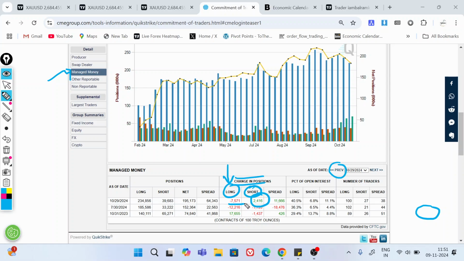So this was clearly a bearish indication, and I clearly mentioned in the weekly analysis video that the sentiment from the COT report is on the bearish side, or downside.